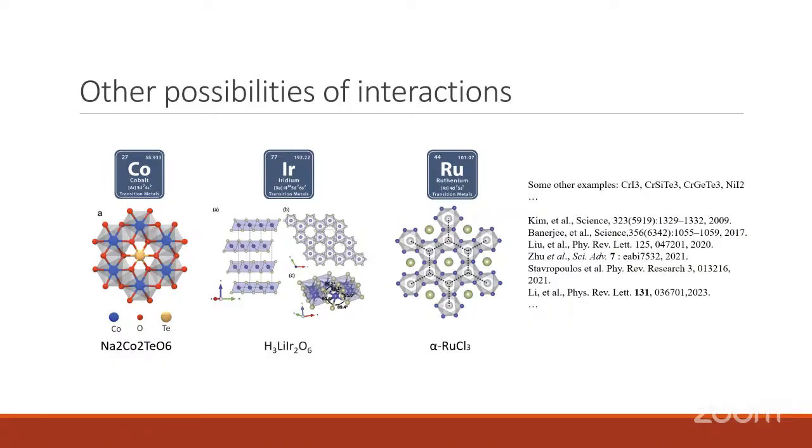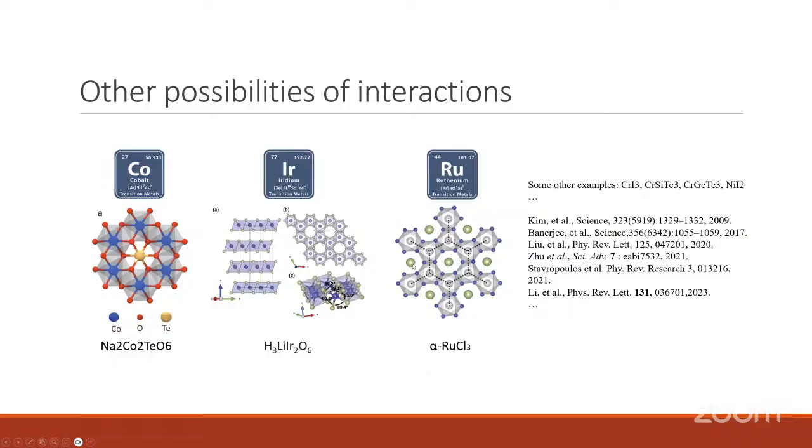If you remember, I mentioned slightly that the MPX₃ system is very similar to another family of materials, which is the Kitaev materials. I list three candidates of the Kitaev materials.